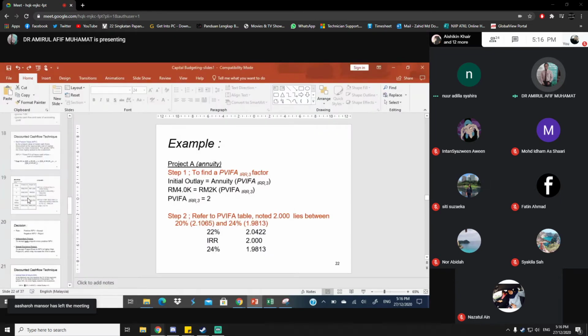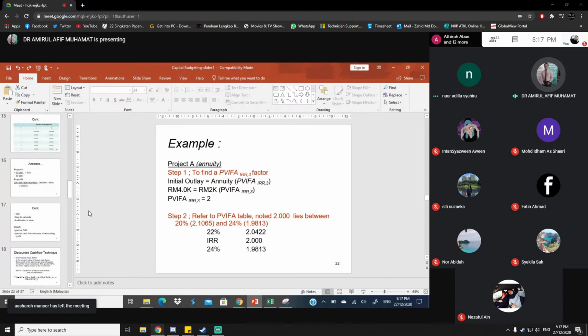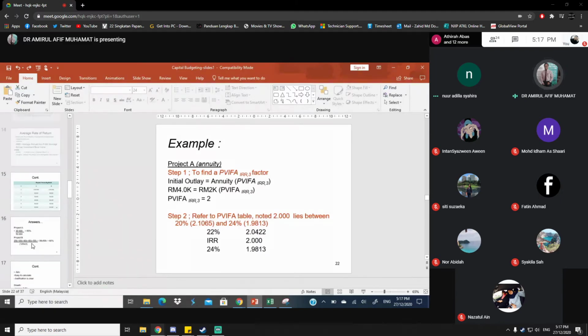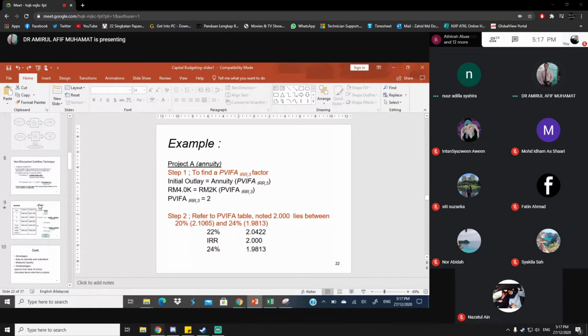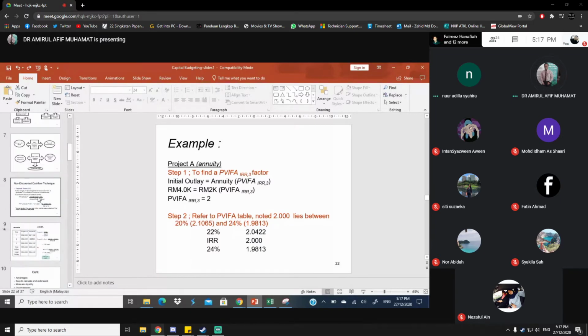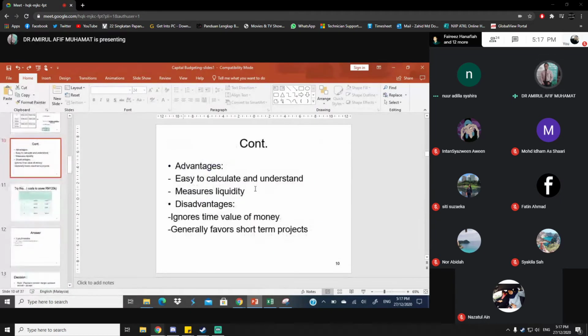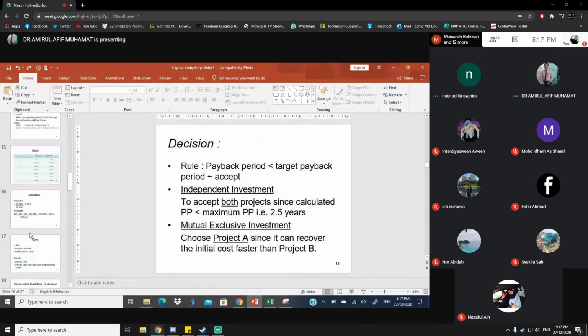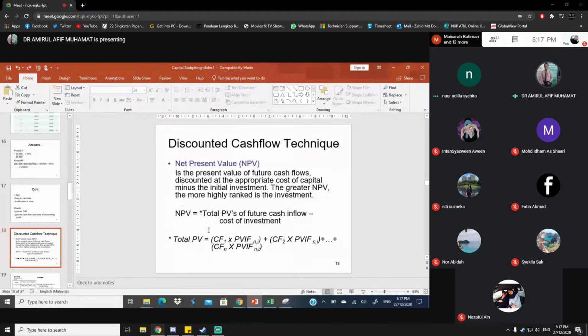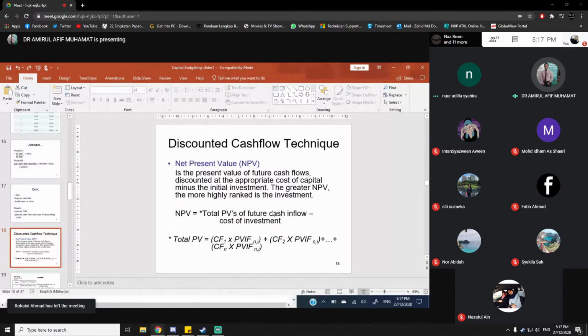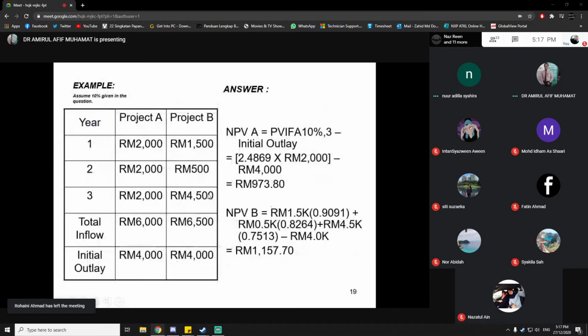Okay, I refer back. So basically kita dah settle IRR tu. So now, flashback. Okay, first period, payback period. NPV itu net present value. So NPVA ni dia bukan NPVA sebenarnya.